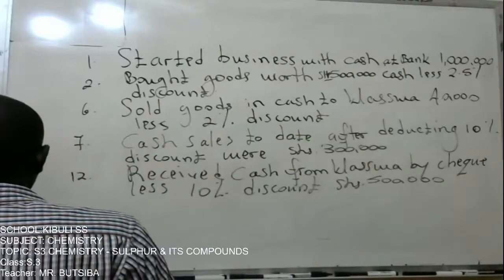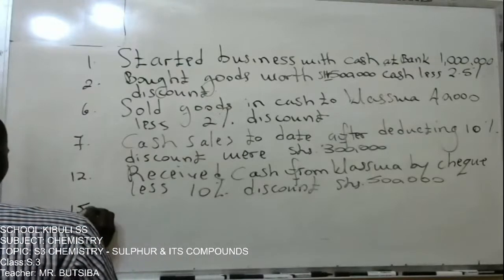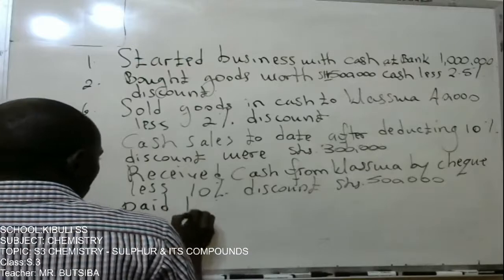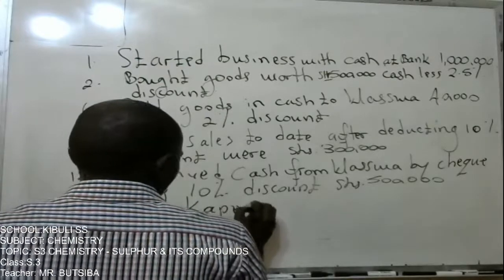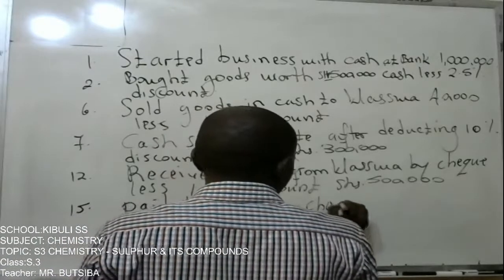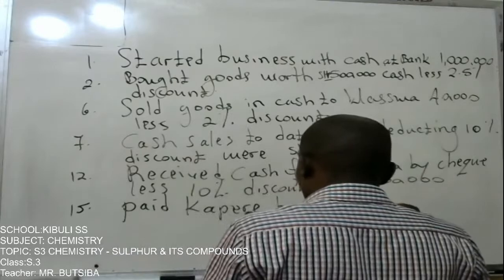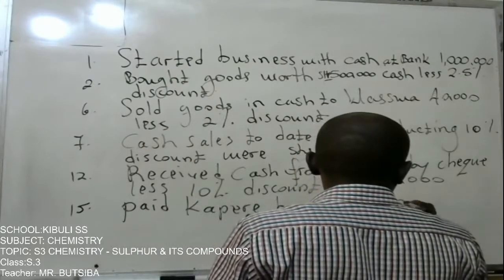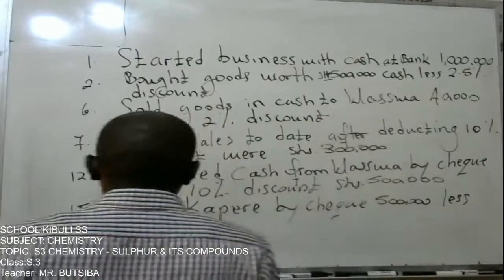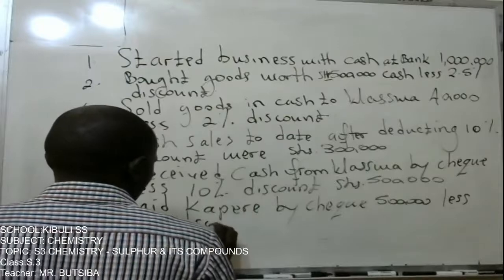Then on 15th, it says paid Kapere by check, 500,000, less 5% discount.